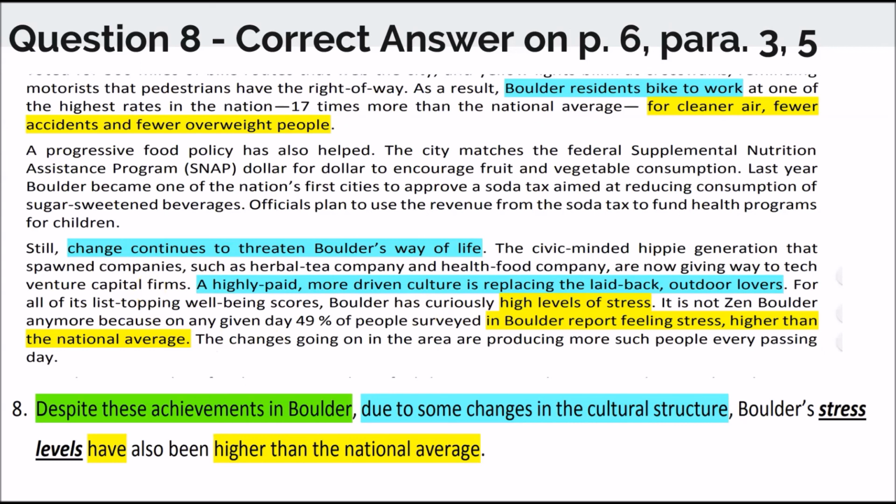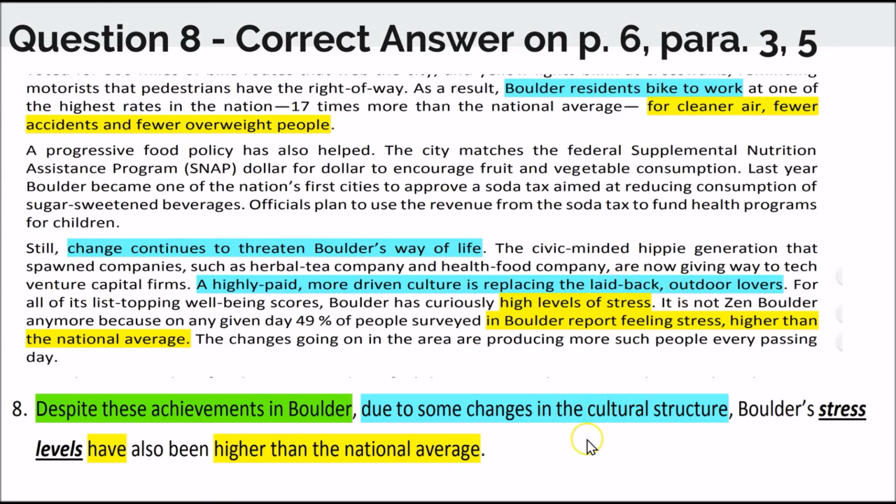Following this sentence, we are given this information that a highly paid, more driven culture is replacing the laid-back outdoor lovers. So the word replace is important here because in the statement we see that the word change is used instead of replace, right? So due to some changes in this cultural structure, it says, and these changes are a highly paid, more driven culture, right? A culture which is replaced with this.